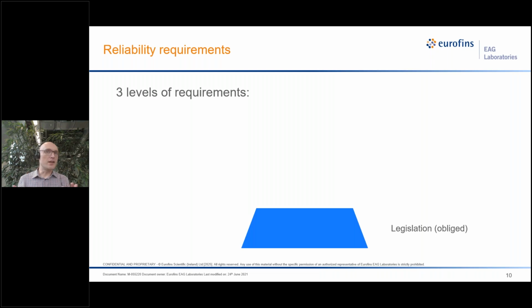Think of the CE mark or guidelines for general product safety. Compliance with this legislation is mandatory to be able to sell a product on the market. Without compliance, a product may not be sold.